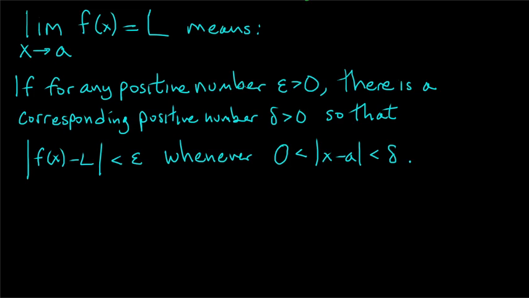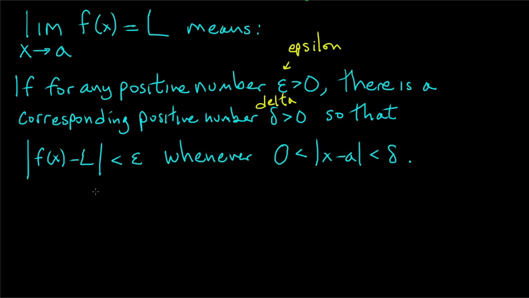If for any positive number epsilon, this little symbol here is the Greek letter epsilon, there is a corresponding positive number delta, the Greek letter delta, so that the absolute value of f of x minus L is less than epsilon whenever the absolute value of x minus a is positive and less than delta. Let's untangle what all that means, because I realize this is very confusing at first.